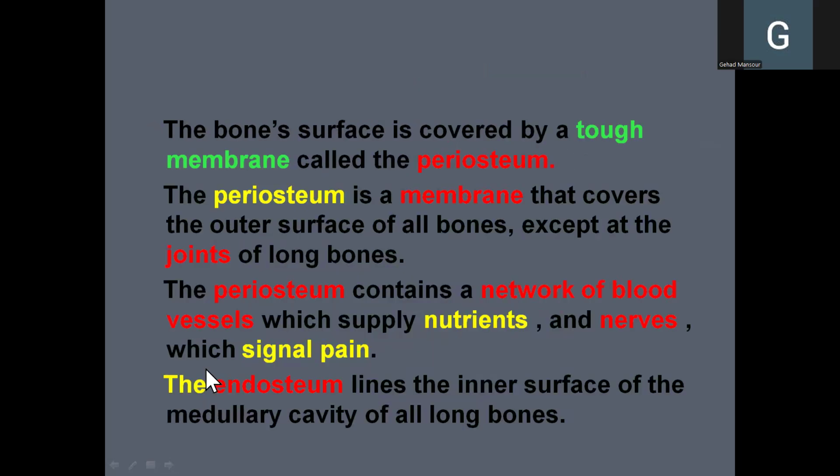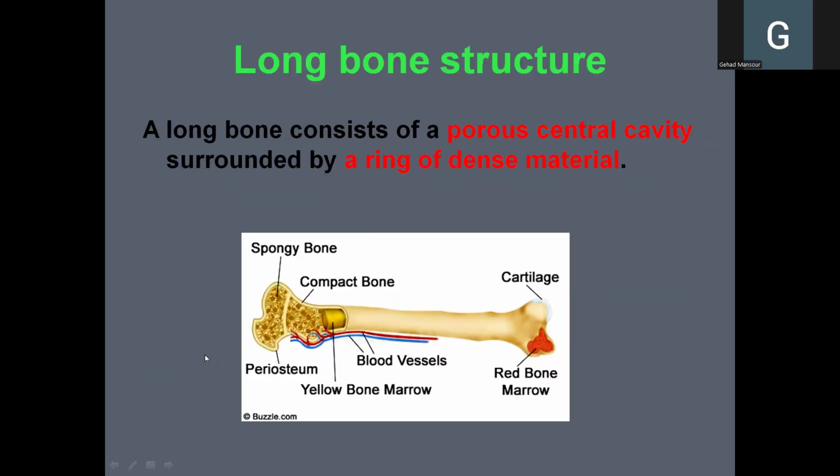So we have an outer compact layer, which is the compact bone, and then the spongy bone. But before leaving that diagram, we will find that outside the compact bone, there is a tough fibrous connective tissue, rich in fibers like collagen and elastin, and it is tough to protect the bone and also to provide attachment to the muscles, because as we said before, the tendons of the muscles pull onto the bones, they do not push.